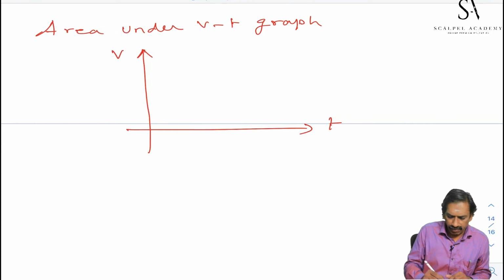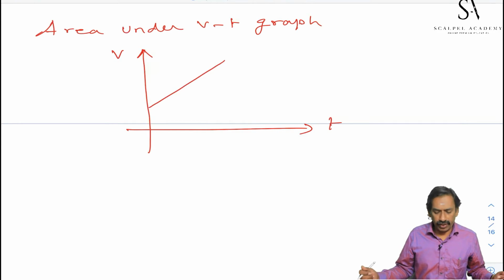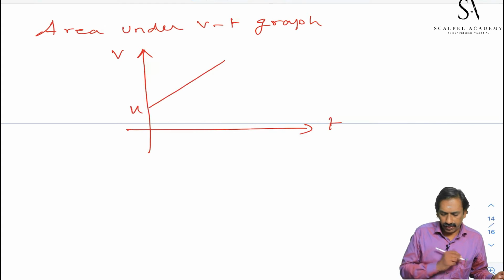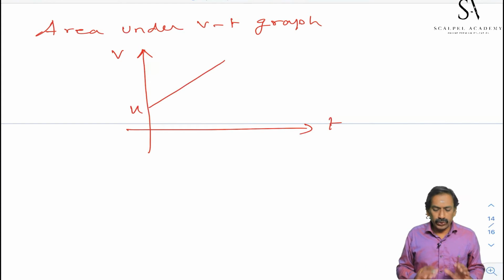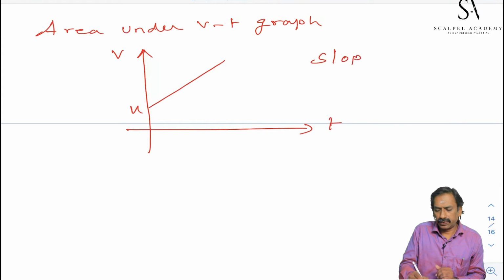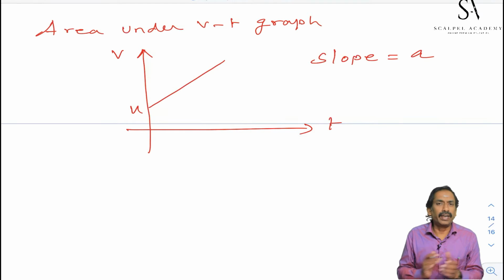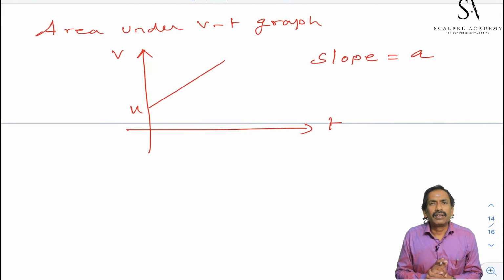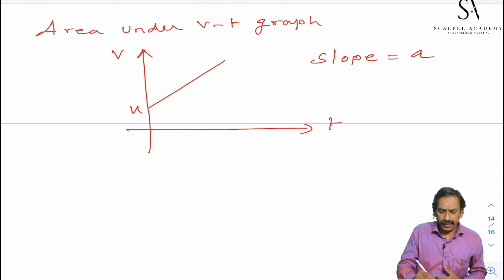It means the VT graph is a straight line. The slope of the VT graph is acceleration, that is given as A. Let us calculate the area under the graph in the given interval t1 to t2, or 0 to t.